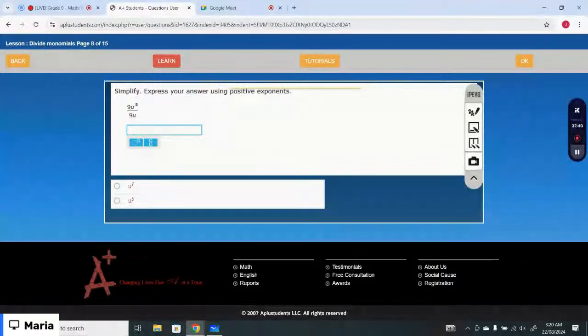The next one is 9u 8 divided by 9u. So which is the correct option?